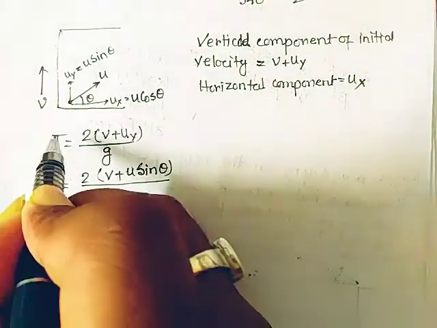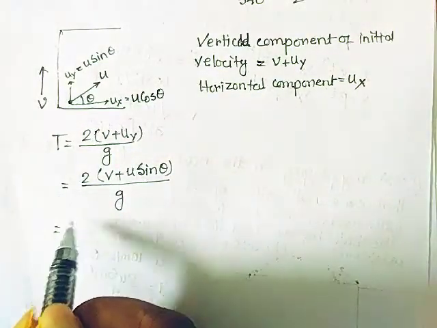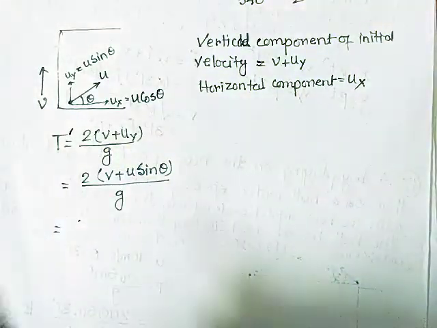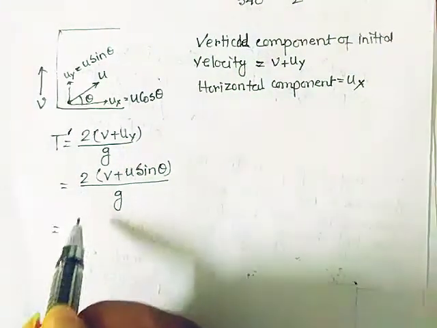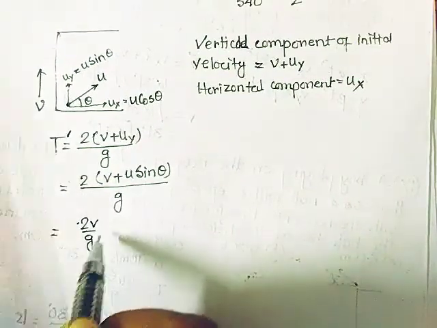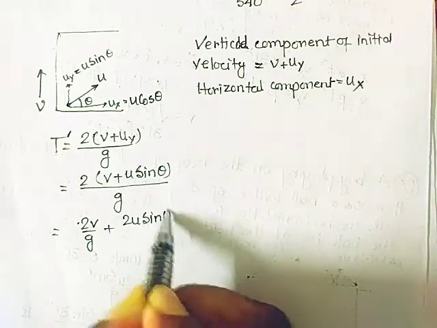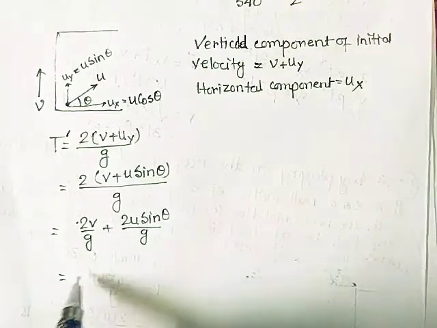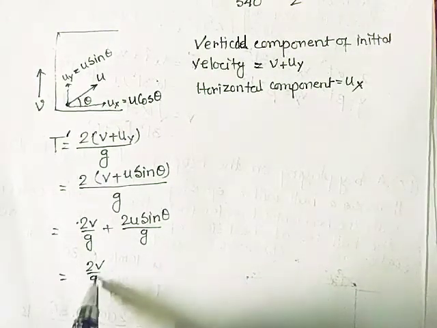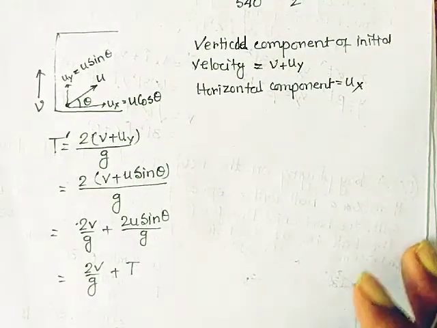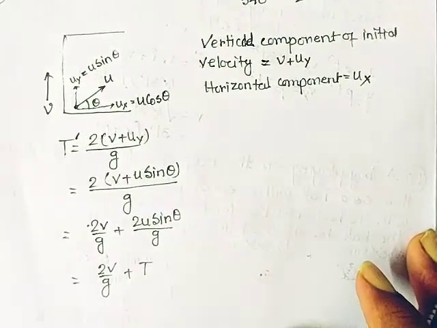So total time of flight is increased by an amount. If I say the changed value is T prime, then it will be 2v divided by g plus 2u sin theta divided by g, so T prime is 2v by g plus T. Total time of flight is increased by an amount 2v divided by g.